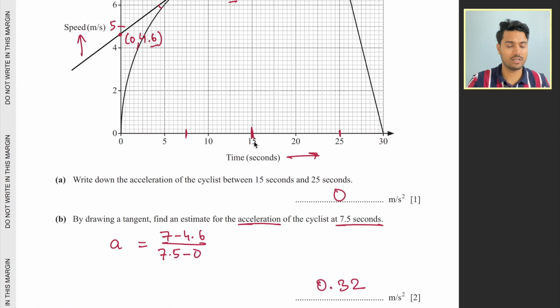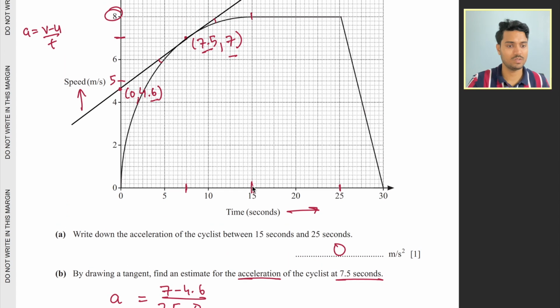So we have to check the average speed between 15 to 30 seconds. This is 15 to 25, 10 units, and this is 8 points. So 8 into 10 is going to be 80. This much is 8, and this is 25 to 30, that's 5.